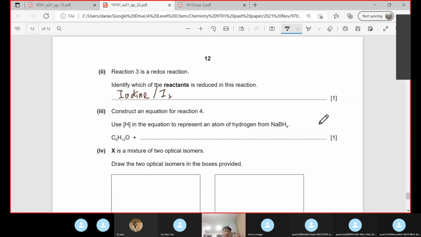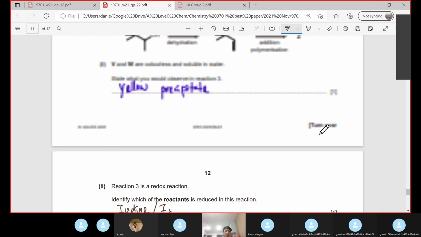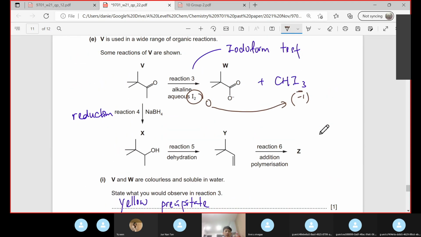Okay, then construct an equation for reaction 4. They provide you the skeletal formula, right? What you need to do is count how many carbon, hydrogen, and also oxygen atoms. 1, 2, 3, 4, 5, 6. So initially it is C6H12O.